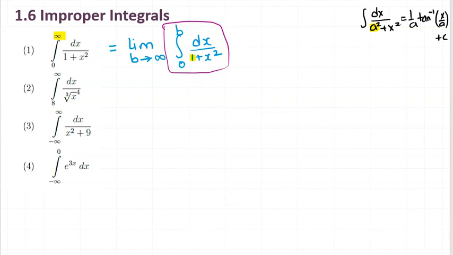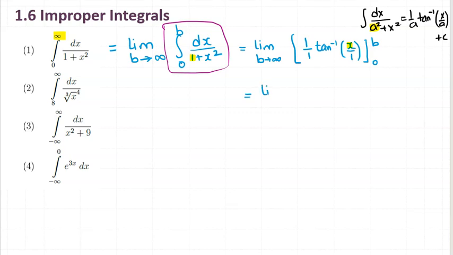So what will be the integral of this? This is equal to limit as b goes to infinity. The integral will be 1 over 1 times tan inverse of x over 1, or you can say tan inverse of x, from 0 to b. These are limits for x. So replace x by b and then x by 0.